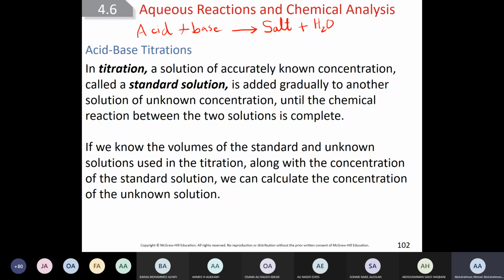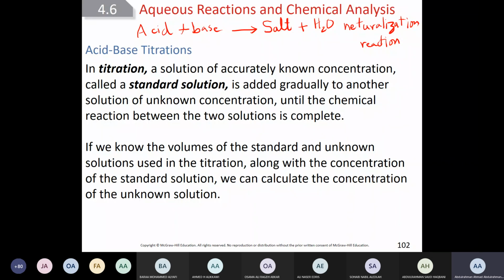And what do you call this type of reaction? No, what we call the reaction. Neutralization, acid base neutralization reaction. What does neutralization mean?